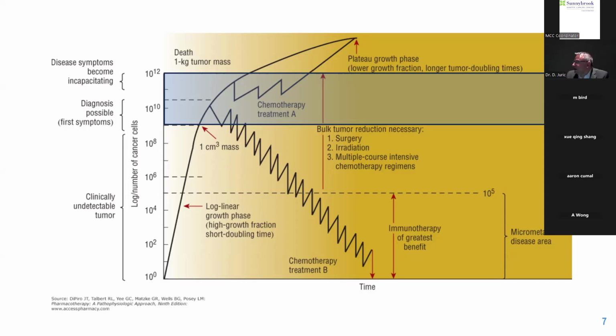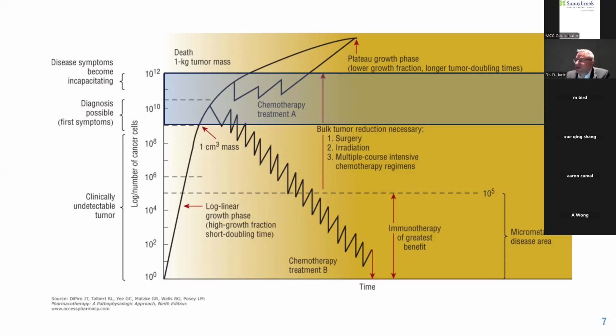And even successful therapies, as you can see, need a huge amount of cycles to actually get us to 0. Sometimes what we hope is actually just to get to this range between 0 and 10 to the 5 cells, which is where immunotherapy can potentially have the greatest benefit. So you're trying to debulk the disease so much that maybe immunotherapy or immune mechanisms can kind of finish the job.